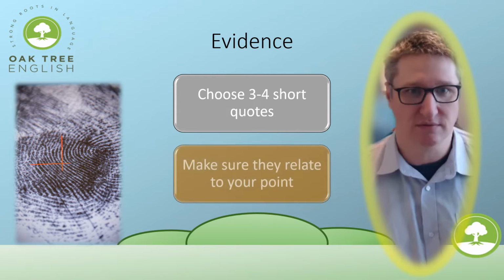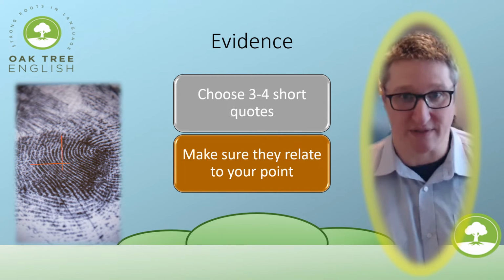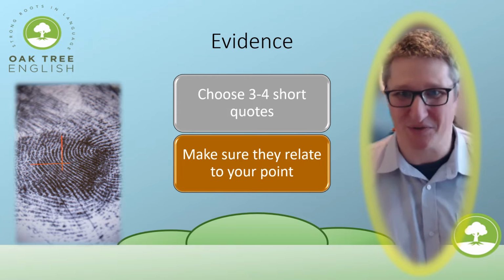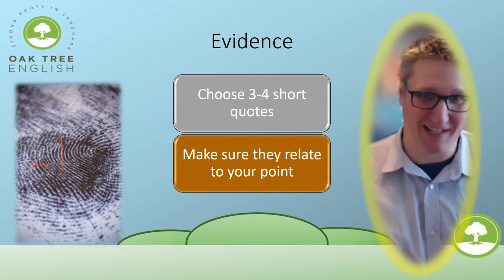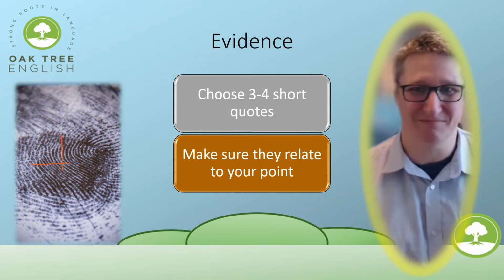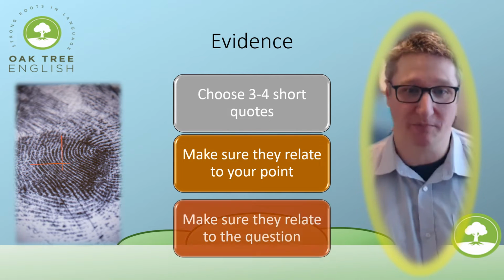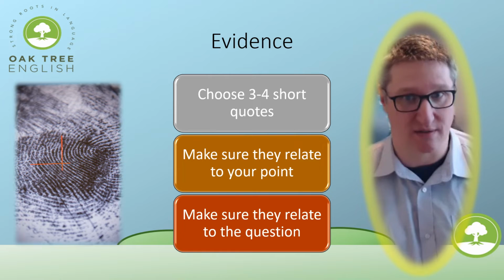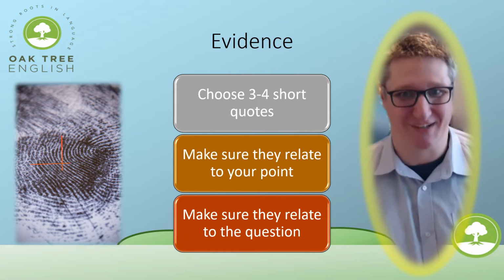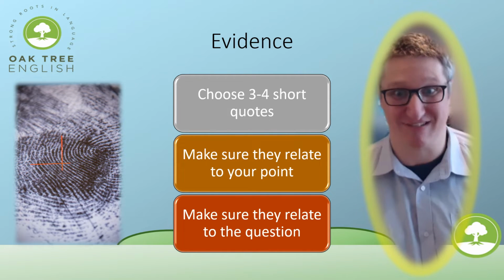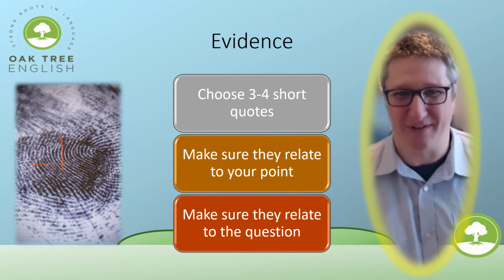Make sure they relate to your point. There's no point in putting a quote which is about something completely unrelated to what your main point is, what you're trying to say. And of course, make sure they relate to the question. You must be trying to answer the question at every stage. If you're not trying to answer the question, then there's no point in writing it.